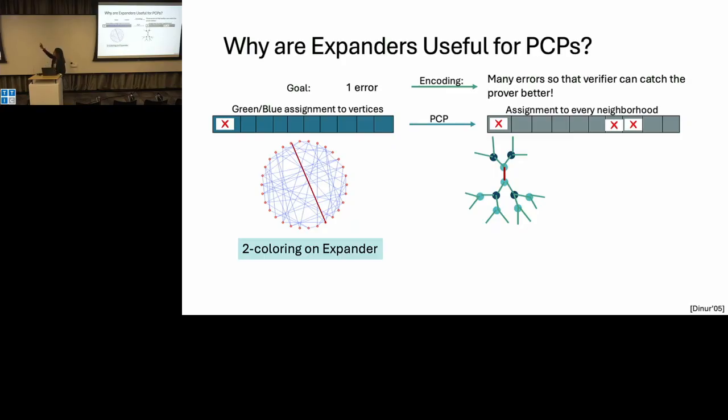So now each location will contain 10 bits or 20 bits instead of 1 bit. And what a verifier can do is, firstly, when it queries one location, test whether the whole neighborhood has been colored correctly. And it also queries 2 locations which overlap and tests whether these 2 locations are consistent.